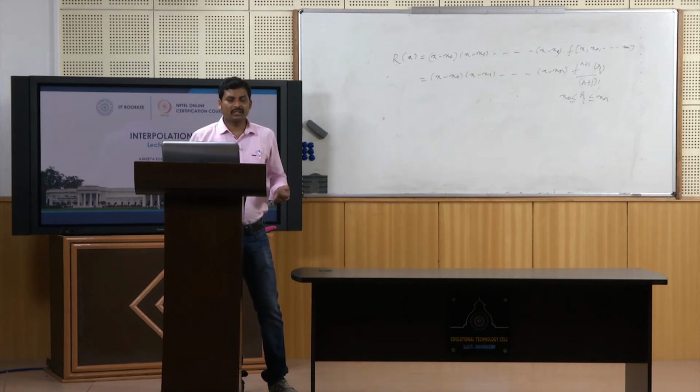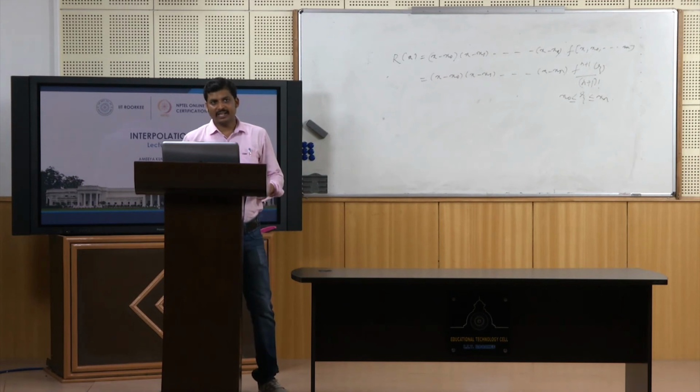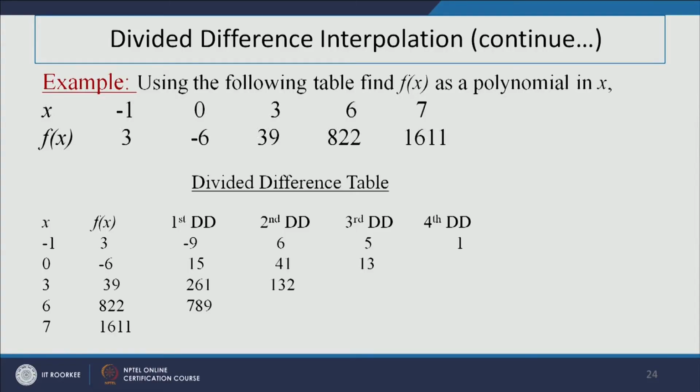Based on this interpolation formula, we will solve one problem, using the tabular values given as x equals minus 1, 0, 3, 6, 7 and f of x given as 3, minus 6, 39, 822, 1611.